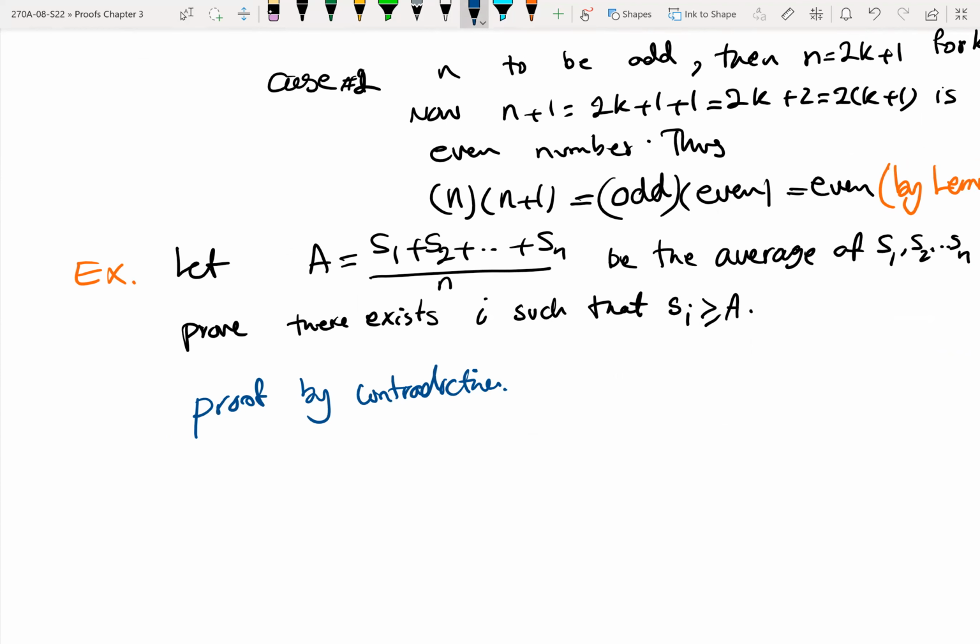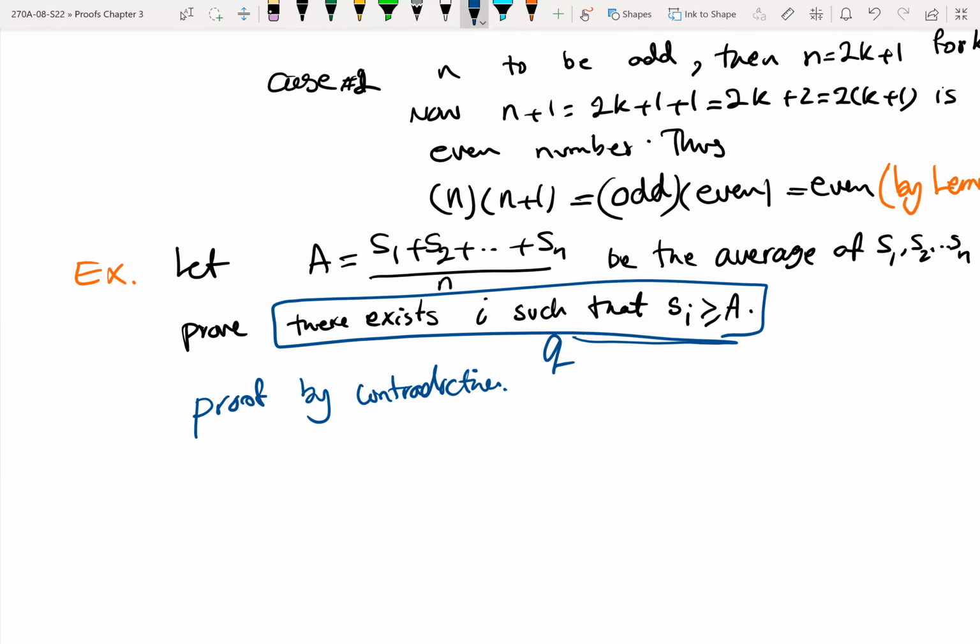So what's the statement that you're supposed to contradict? You say not Q. What's the Q statement? The Q statement says there exists one i such that S sub i is bigger than or equal to A. So what's not Q?